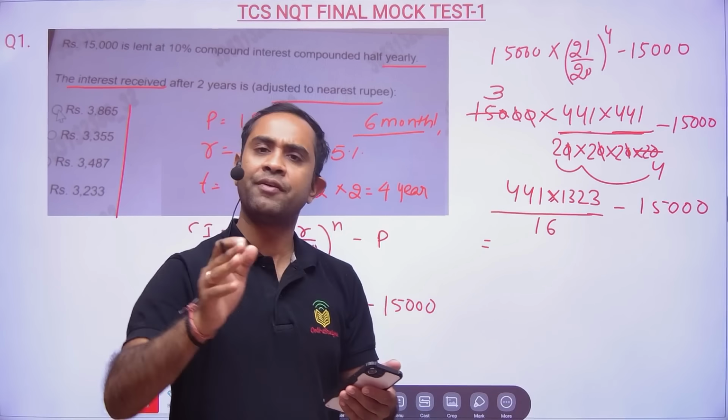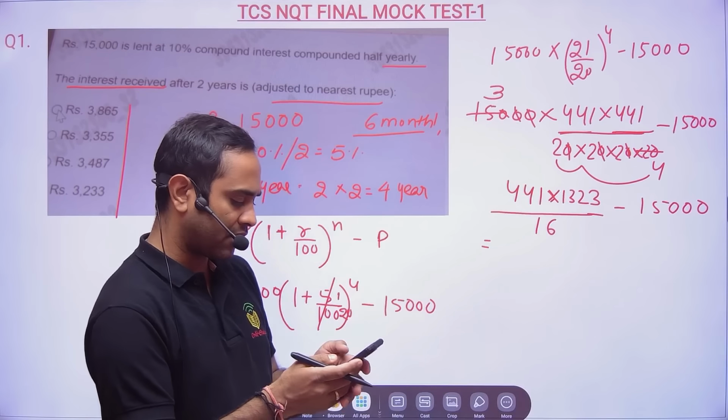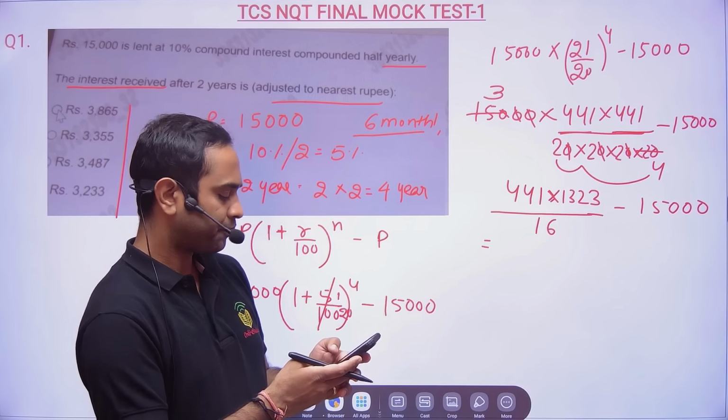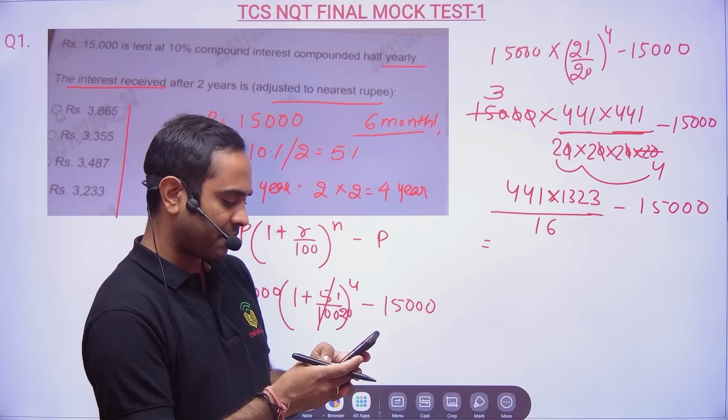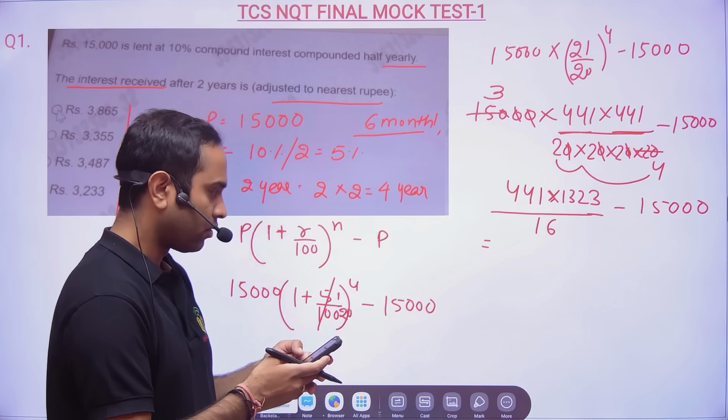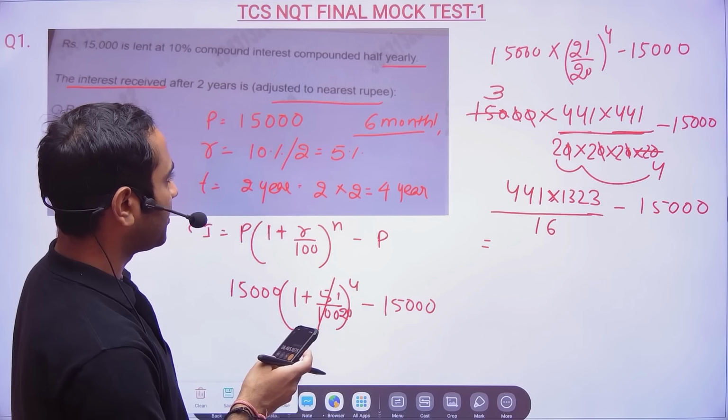Let me see if the recording is happening. So what I will do, 441 into 1323 divided by 16, and then minus, no, some calculation mistake is there.